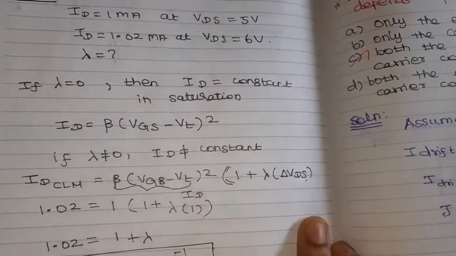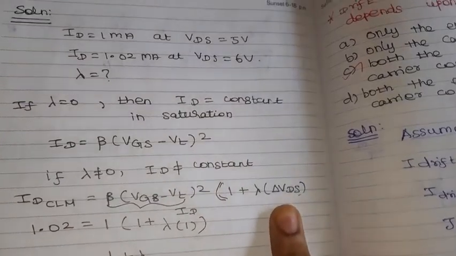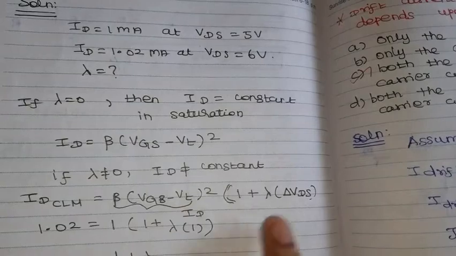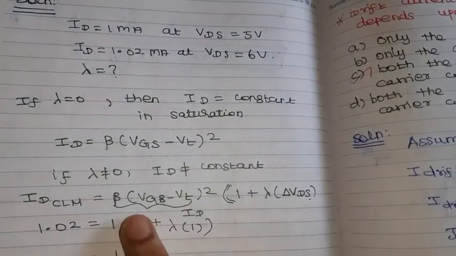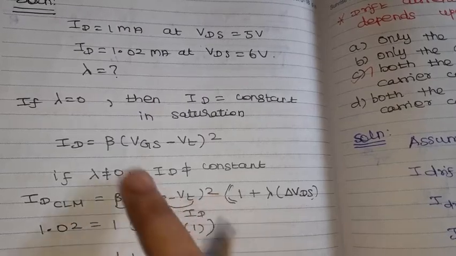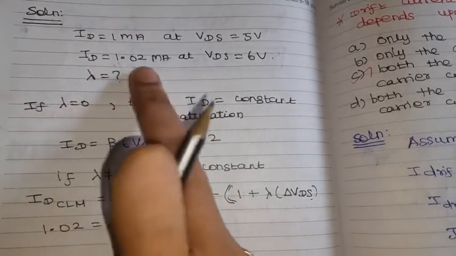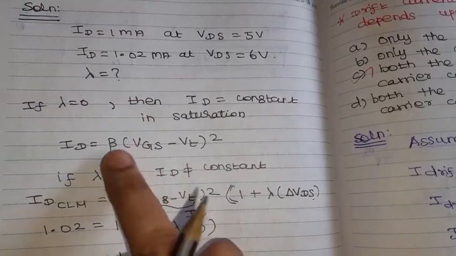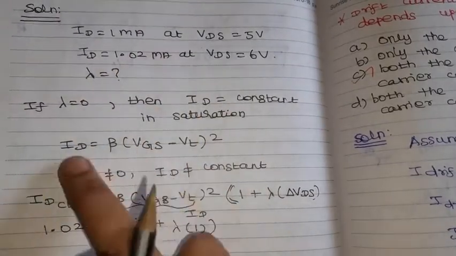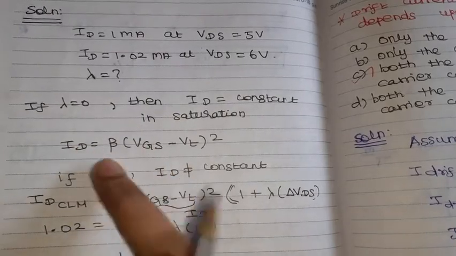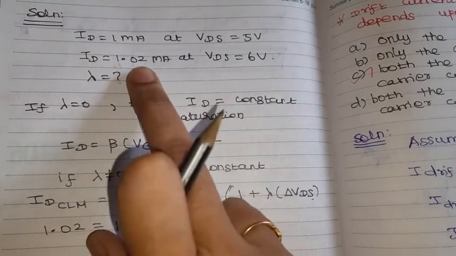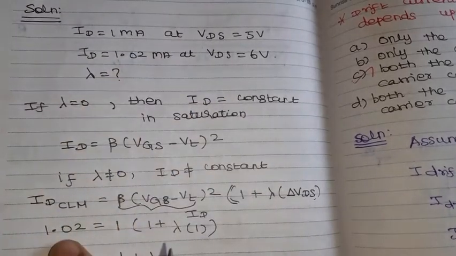Okay. So del VDS is nothing but the difference of these two voltages. What will happen? 6 minus 5, 1. So lambda into 1. Beta into VGS minus VT the whole square is equal to ID without CLM, that is 1. When we take lambda, what is the ID value?